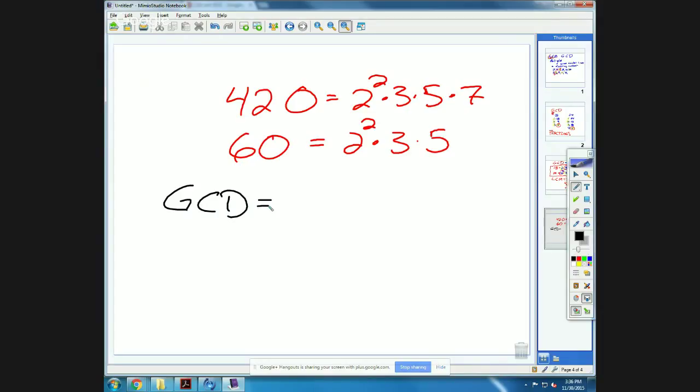GCD needs stuff that's common to both. We have a 2 squared that's common, a 3 that's common, and a 5 that's common. So the GCD appears to be 2 squared times 3 times 5.